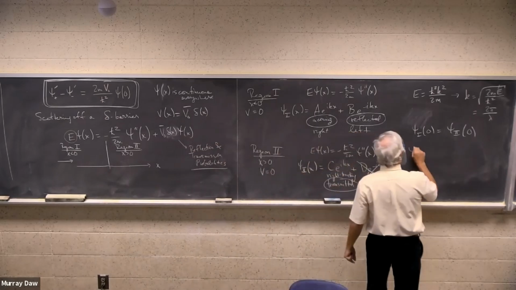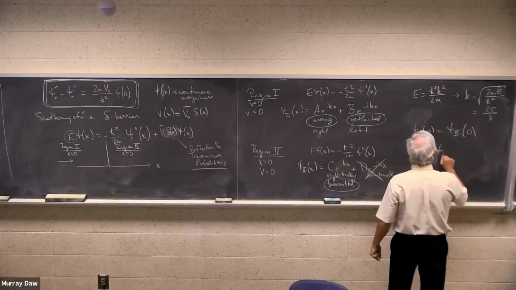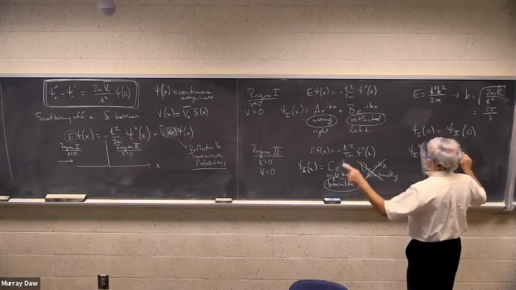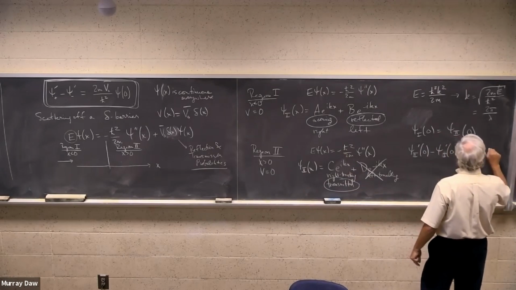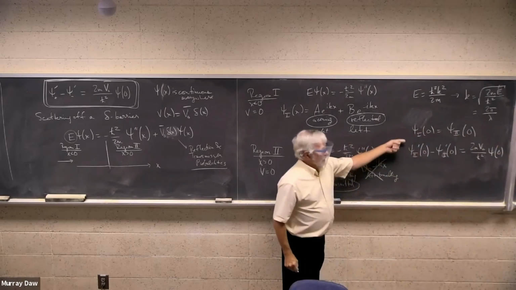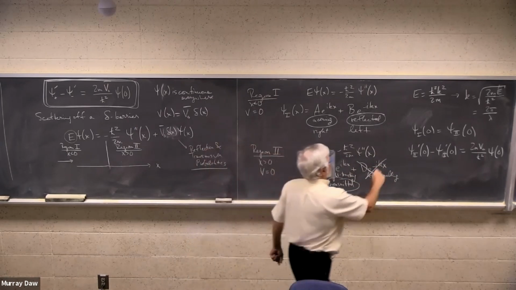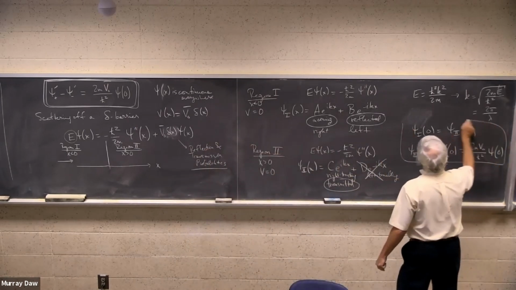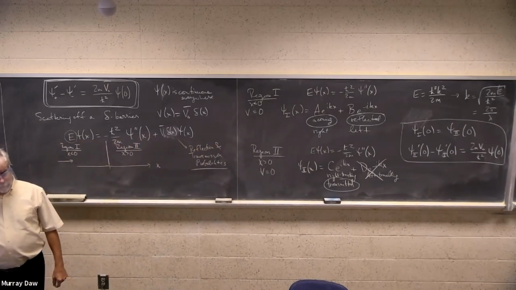So we have psi 2 prime evaluated at 0 minus psi 1 prime equal to 2m V naught over h bar squared psi of 0, which is matched. Doesn't matter whether you're using 1 or 2. Okay. See how we got here?